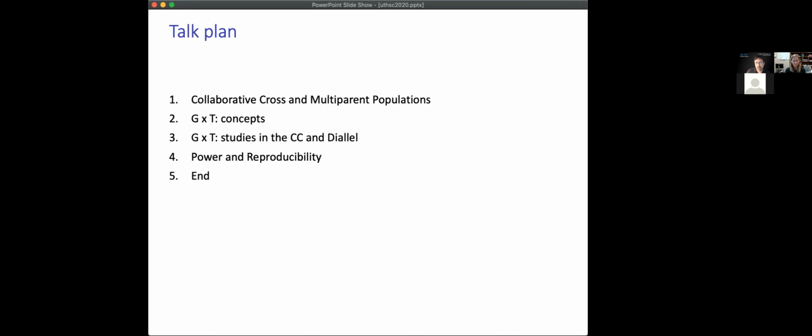Then I'm going to go through some G by T studies that we've worked on in the collaborative cross and something called the diallel, and I'll end talking about power and reproducibility and how that fits into the kinds of studies and the populations that I'm going to talk about.